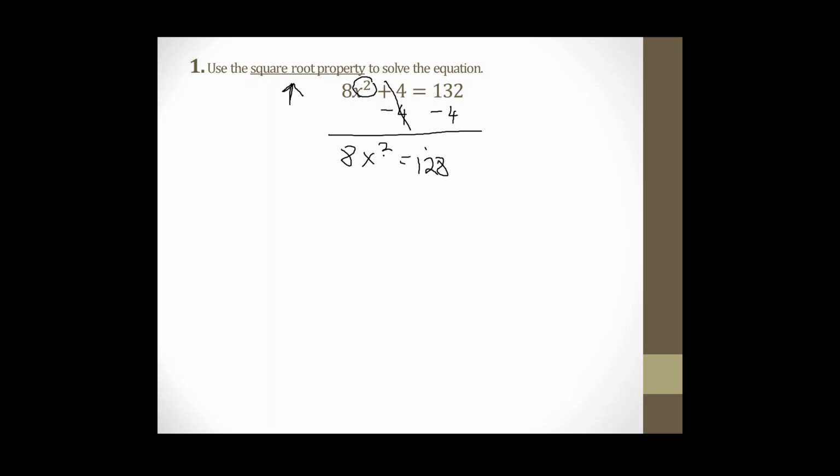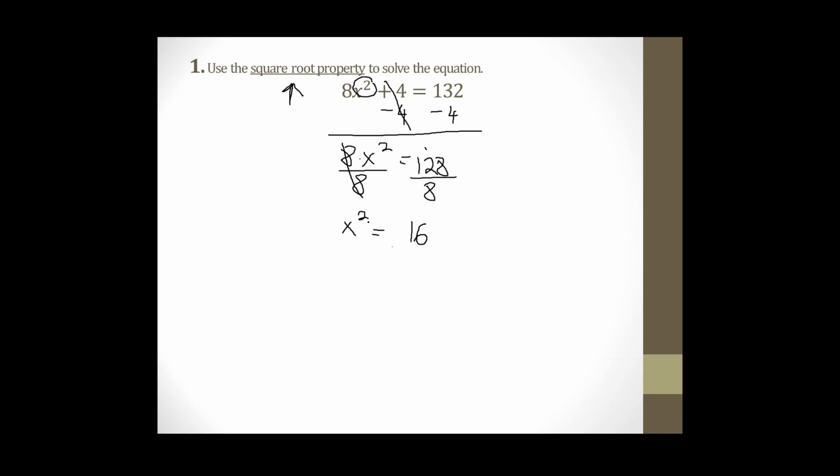Okay, so my squared term right here is still not by itself. I have an 8 in front, and this indicates multiplication. So I'm going to do the opposite and get rid of this 8 by dividing both sides by 8. This is 1, or just x squared, and 128 divided by 8 should be 16, if I'm not mistaken.